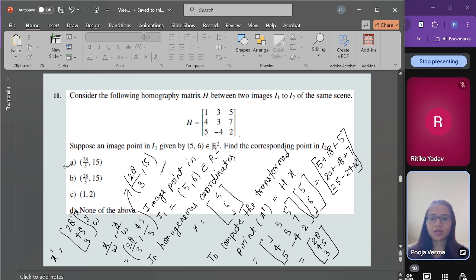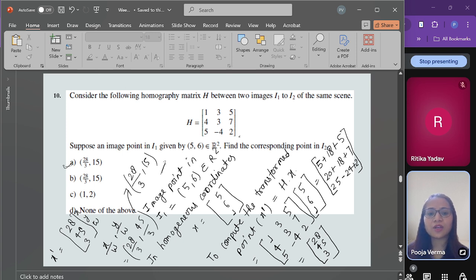So have you understood this question? A point in I1 is given, and we need to find the corresponding point in I2. The homography matrix is already given. First, the real point must be projected into the projective space.